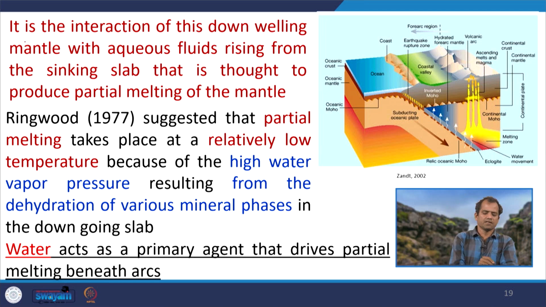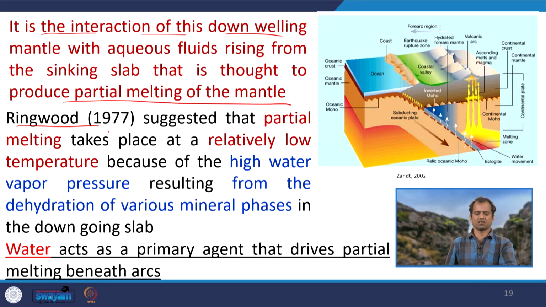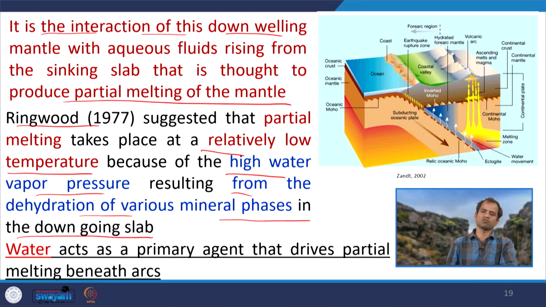So, now it is the interaction of the downwelling mantle with the aqueous fluid rising from the sinking slab that is thought to produce partial melting in the mantle. And Ringwood 1977 suggested this partial melting takes place at a relatively low temperature because of high water vapor pressure resulting from the dehydration of various mineral phases in the downgoing slabs.